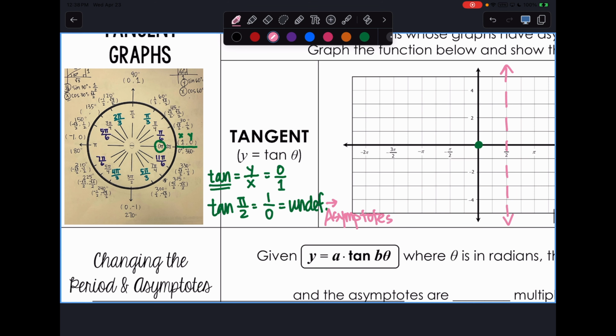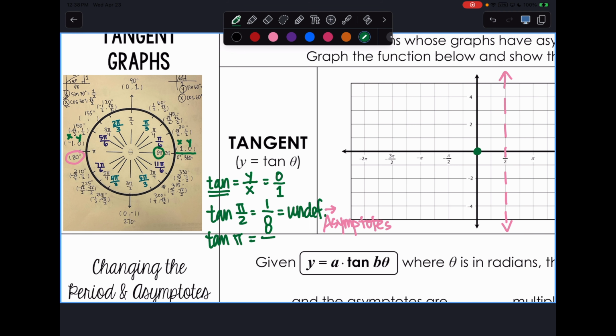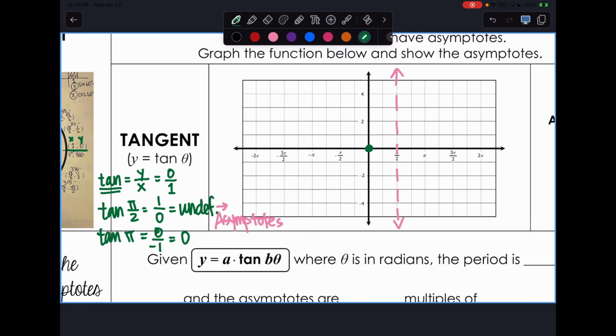If I keep going to 180, what's my tangent value there? This is my x, this is my y. 0 over, sorry, that was way too close. It looks like an 8. 0 over -1, which is 0. So I'm over here.